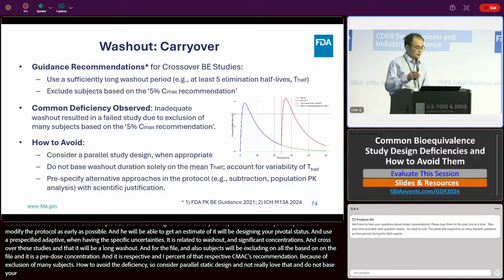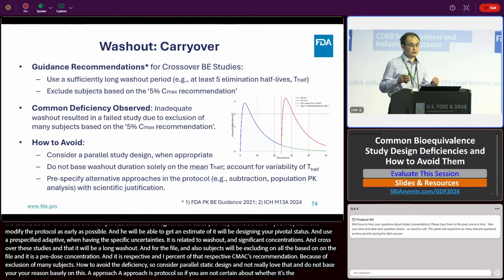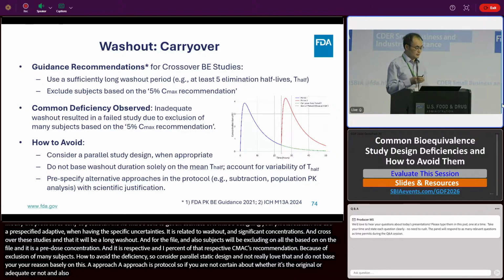You should give some buffer when you estimate the washout duration. Describe approaches in the protocol with scientific justifications, such as the fraction of pre-dose concentration or population PK related to first point Cmax, to show the washout duration is long enough.